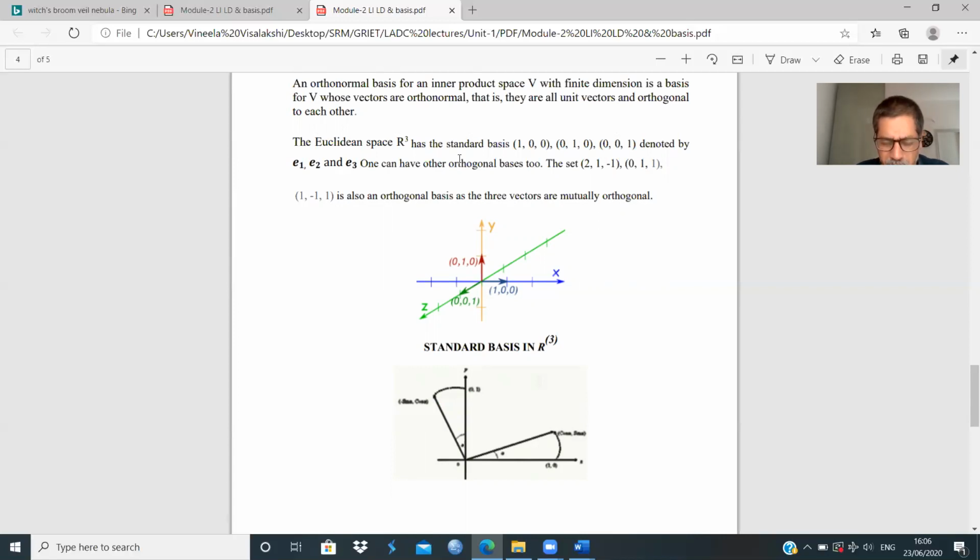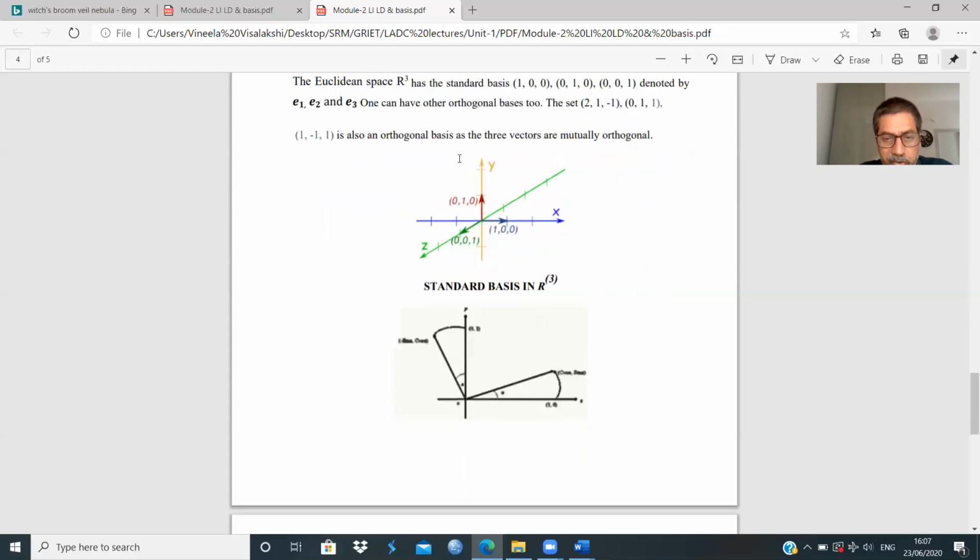Sometimes in object recognition problems, the standard basis may not be convenient. So we may have to create new basis vectors, which are again mutually orthogonal. In order to do that, one technique is to rotate the existing set of vectors through a rotation process.